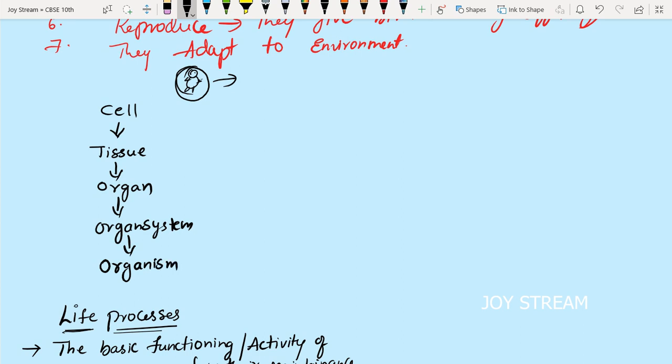Yes, no? We are composed of cells. We are composed of tissues. We are composed of organs, organ systems, and then completely into an organism. So we had cells, tissues, organ systems. We had cells in our body, tissues in our body, organs.